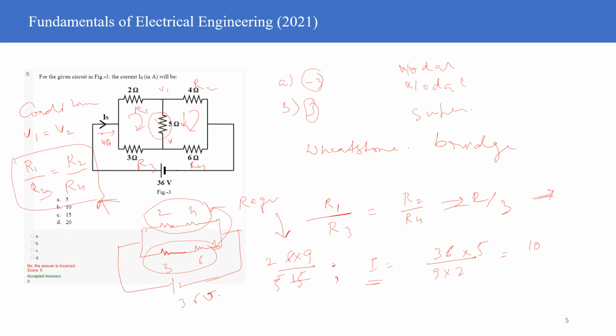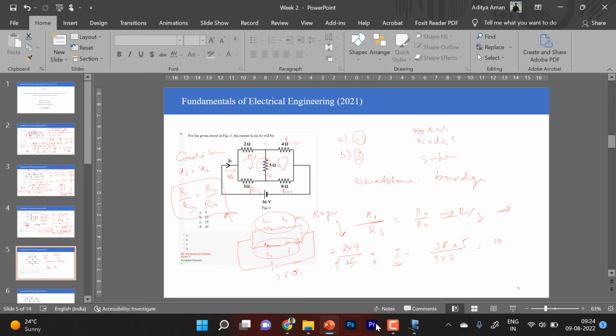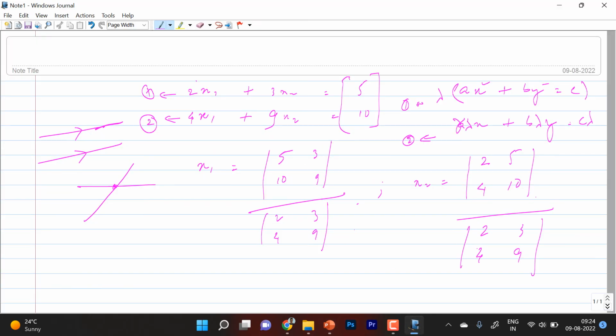You do the mesh analysis, so let me write the equation here. So only 5 minutes are left, guys.